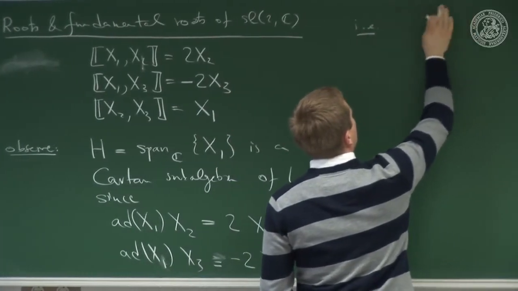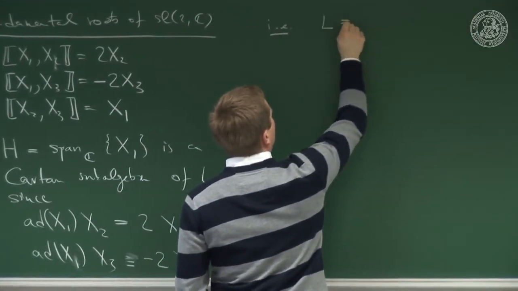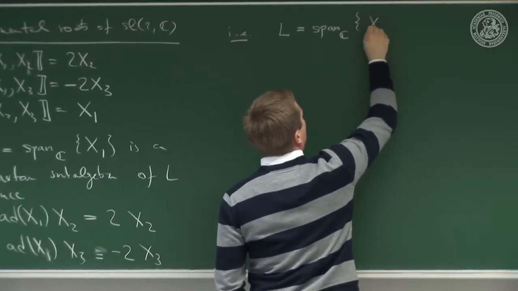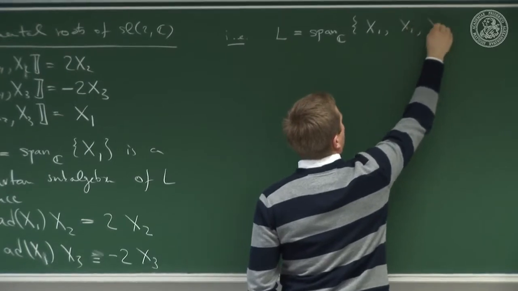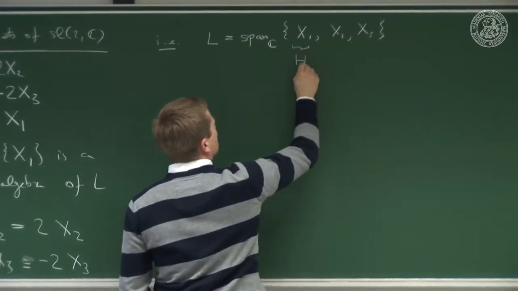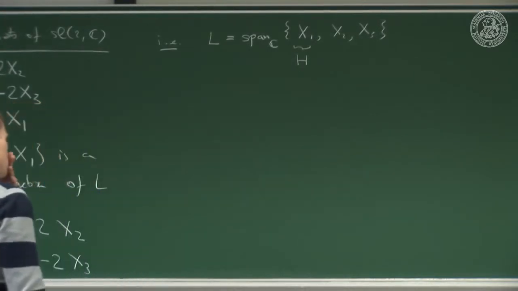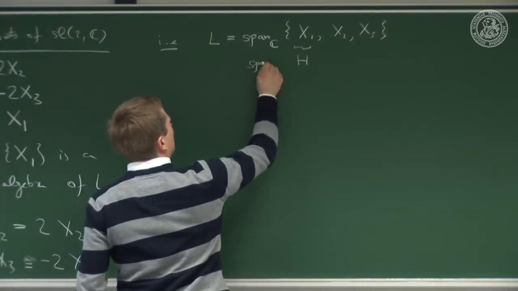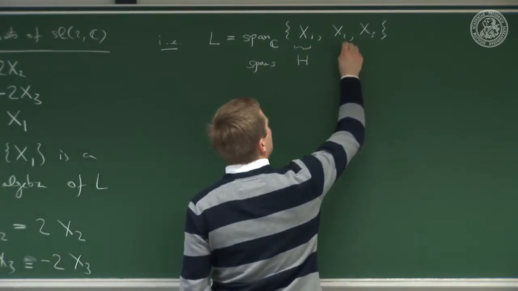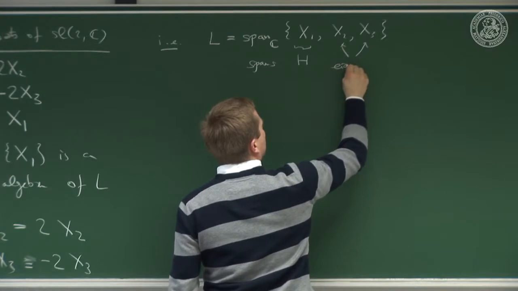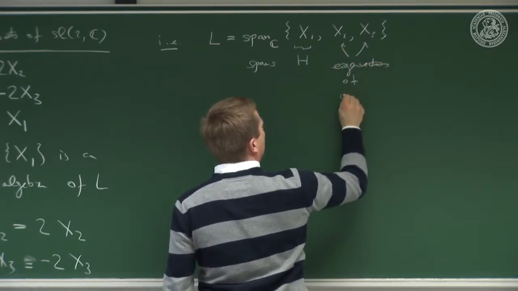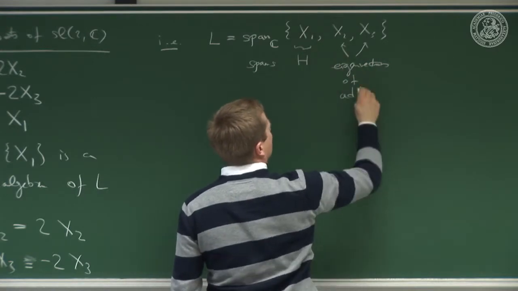That means that L, being the complex span of x1, x2, x3, is such that x1 spans the Cartan subalgebra, and these two are eigenvectors of the adjoint of every element in here.